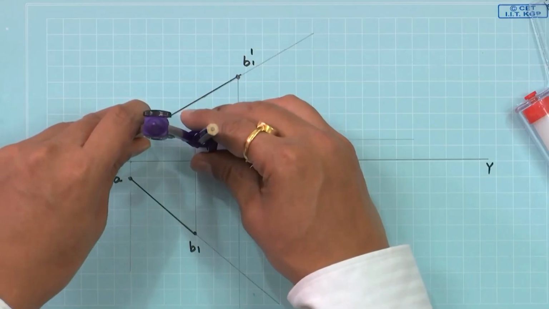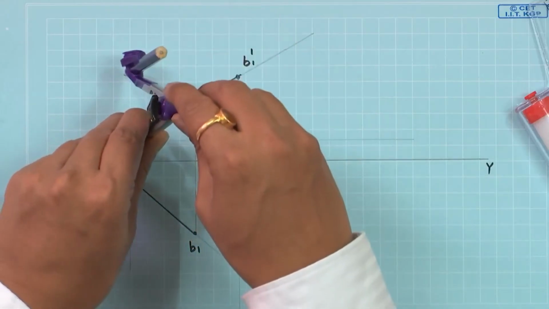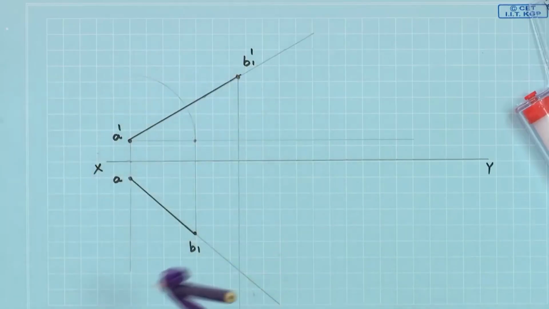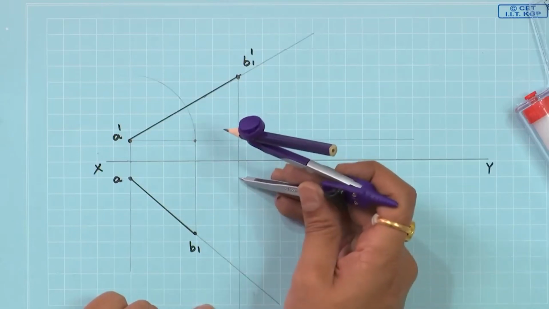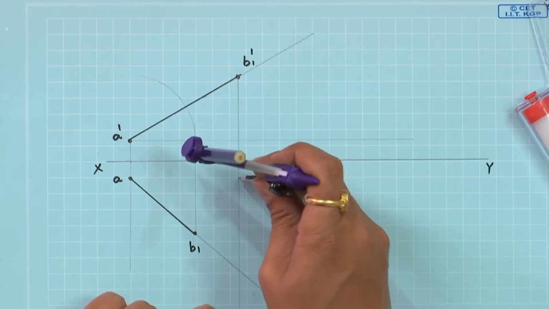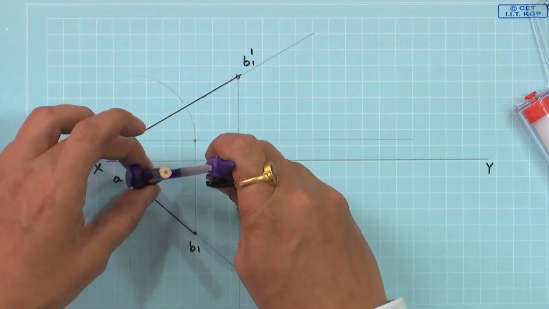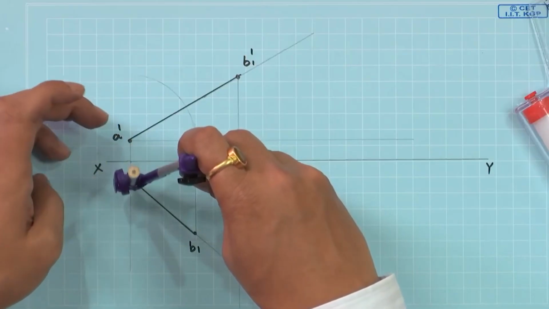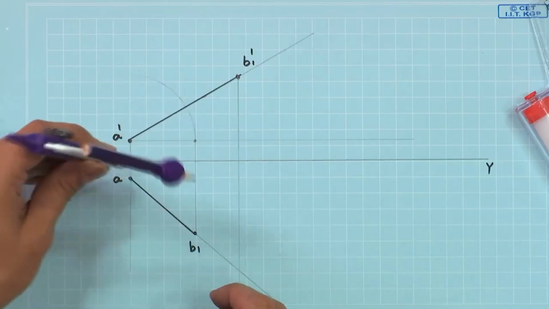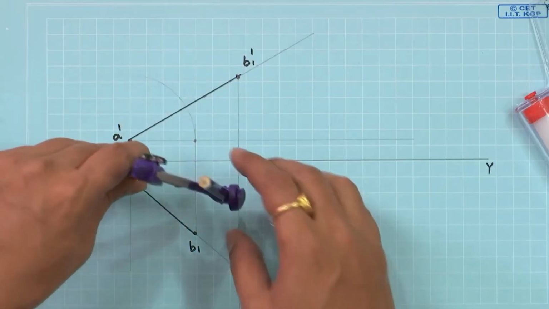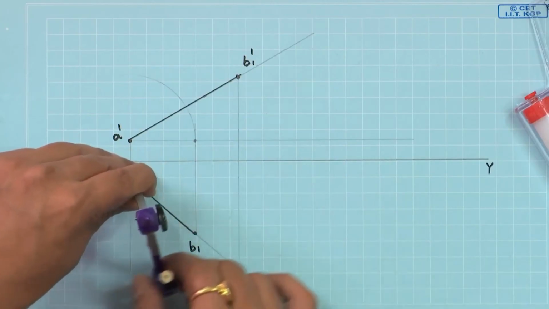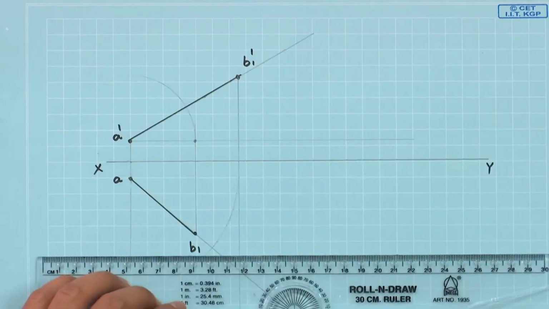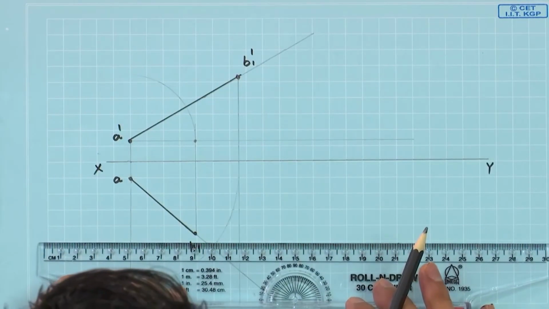So, transfer this length in that way. Similarly, transfer this length because it is projecting onto a thing here. Something like that. We have to project it all the way from this point. So, project it in that way. Once we make arcs, it is quite easy for us to extend these true lines.